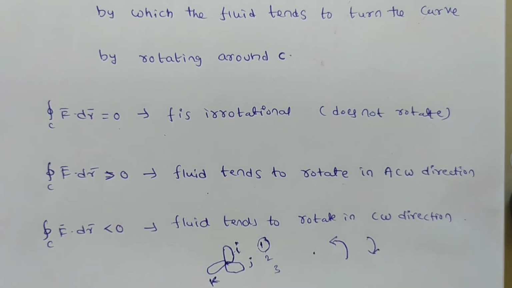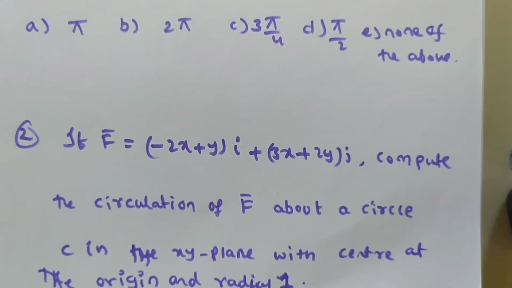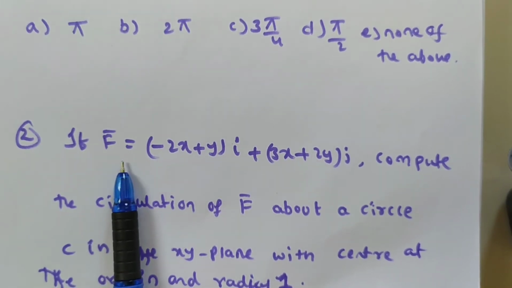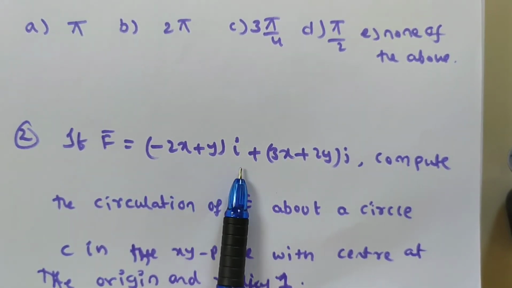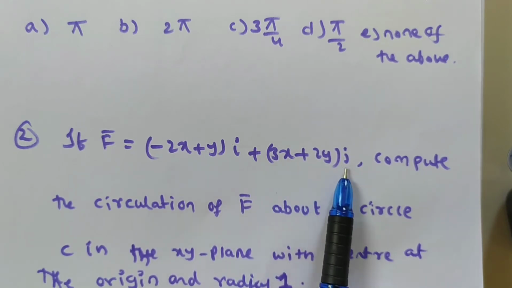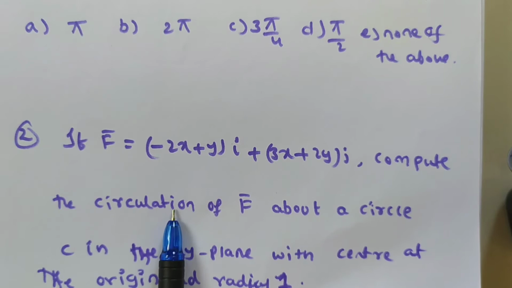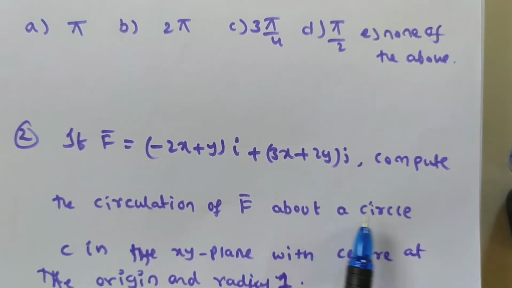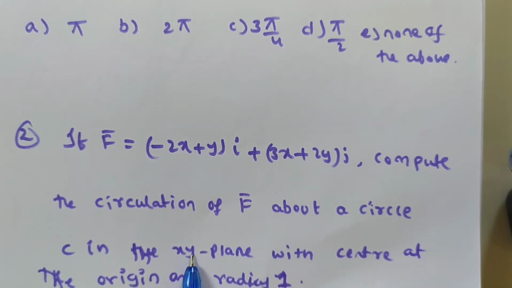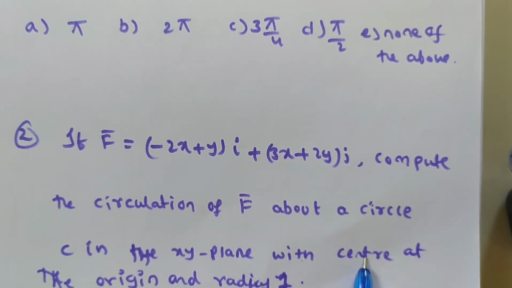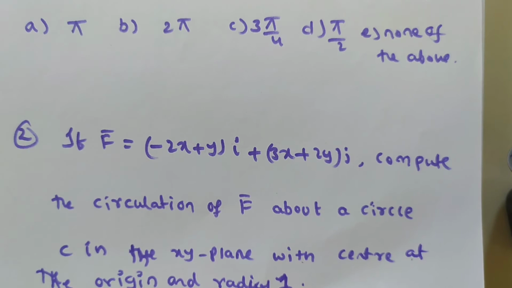Now we will solve the problems on F dot dr around closed curves. I am solving: if F bar is equal to (minus 2x plus y) times i plus (3x plus 2y) times j, compute the circulation. Circulation is nothing but the integral of F bar about the circle C in the xy plane only, so there is no z plane, with a center at the origin and radius 1.